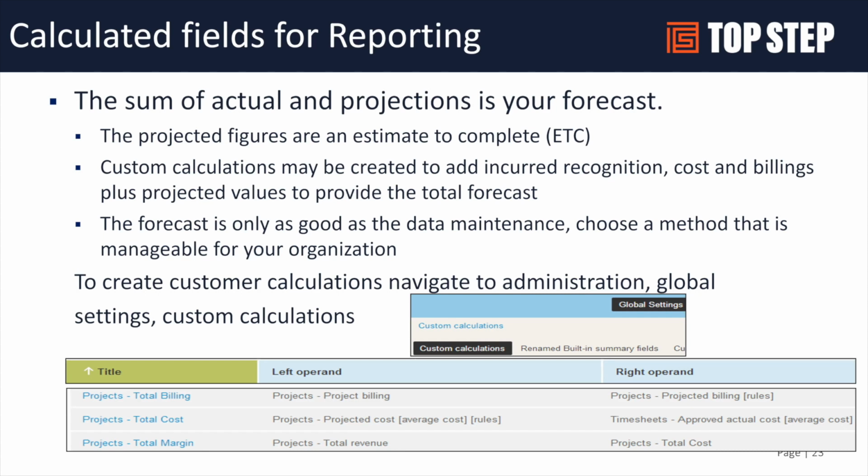And so there you can create custom calcs to be able to give you kind of an estimate for the year or estimate a project from the beginning of the project through the end of the project. Custom calcs can give you that powerful reporting to be able to see the past and the future combined into a single view. So that's a pretty common use case for creating these custom calculations.